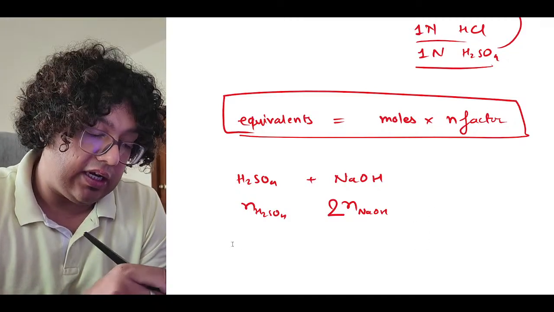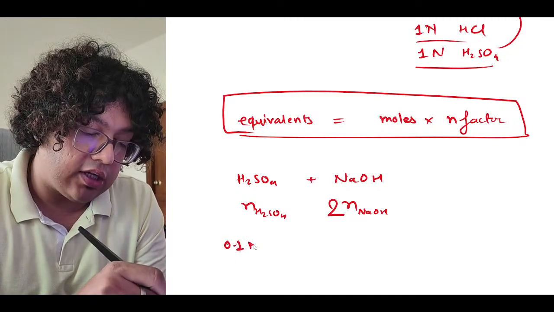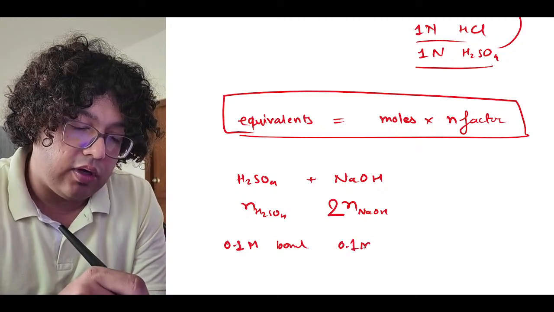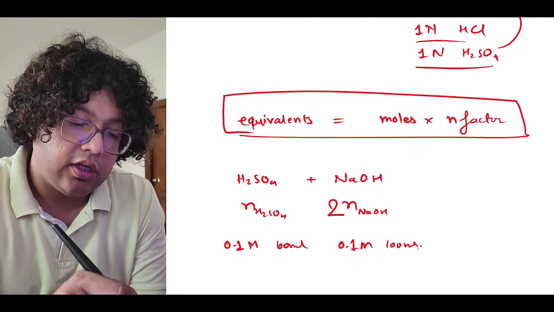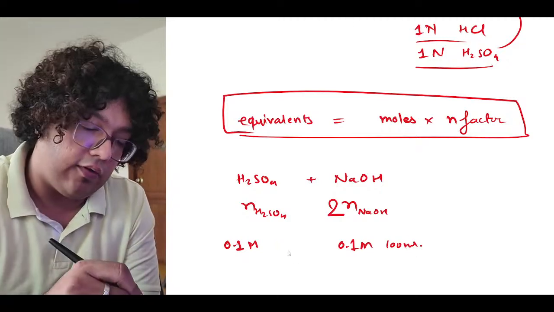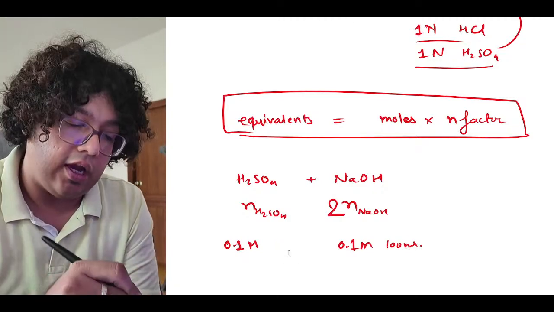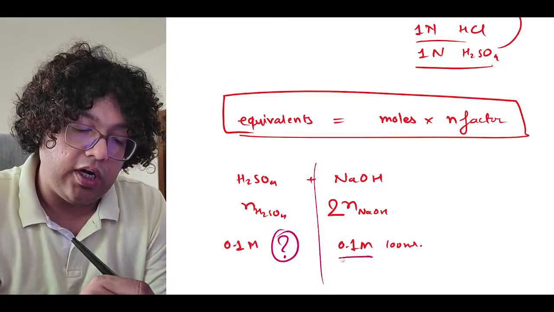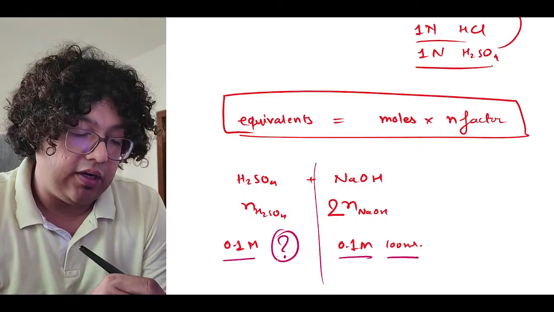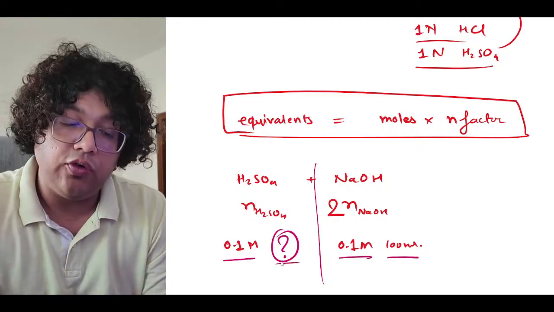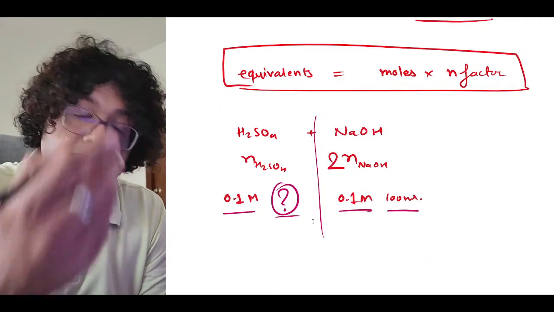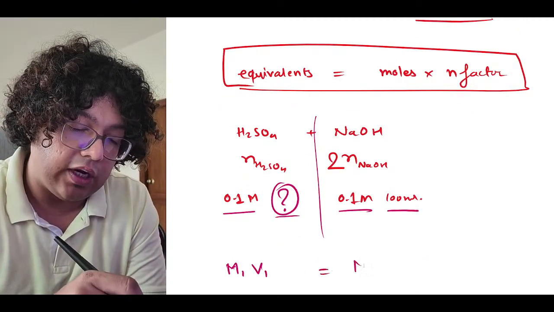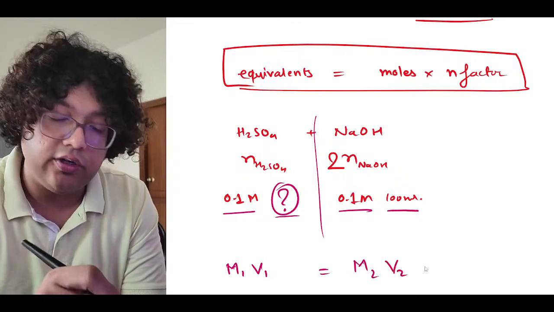So let's say we had a 0.1 molar, 100 ml solution of NaOH, and the volume of the other is not given. You are supposed to find out the volume of the H2SO4 required: 0.1 molar, x ml. So you went with the basic formula of M1V1 equal to M2V2, right? How did we introduce this formula?